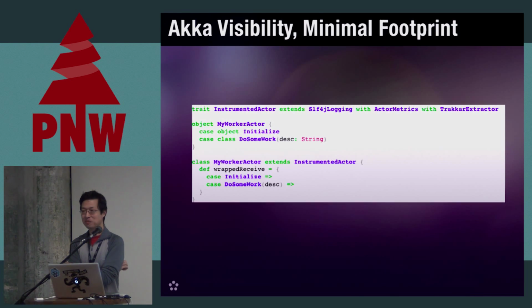One thing we should do, but we don't do, is always know when you pass a message that isn't identified. You can override unhandled and make it very obvious that you got a message that isn't handled.